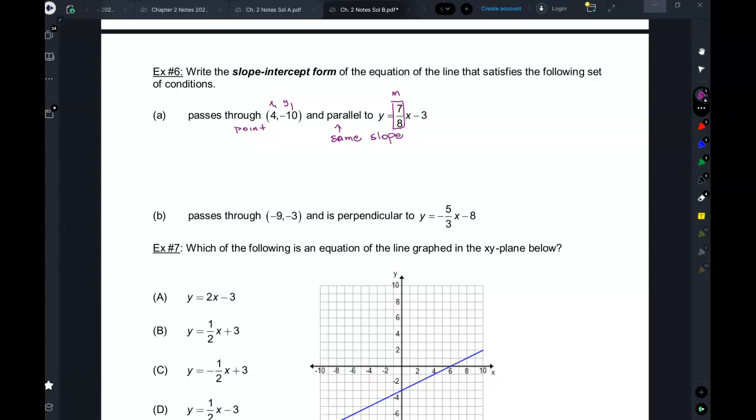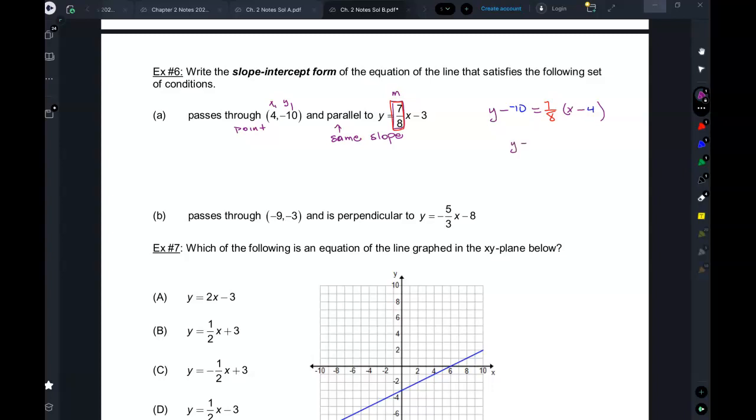So now I have a point and a slope, right? So I'm going to do y minus y1, negative 10, equals 7 over 8 from here, x minus x1, 4. Do you see how after that it's the same? You still identified a point and some slope.